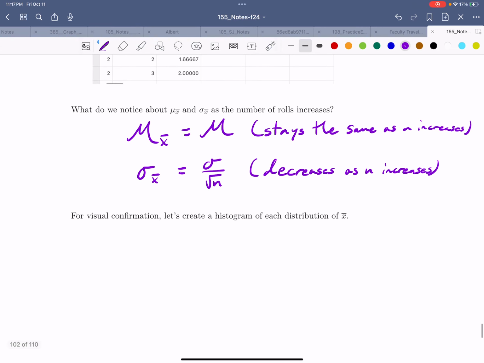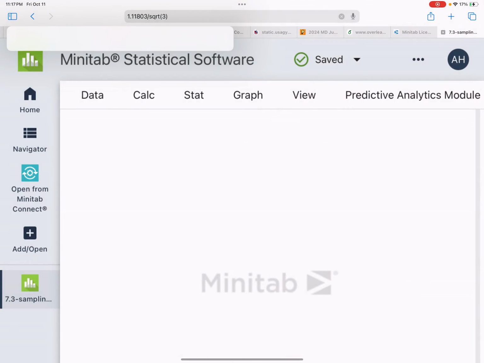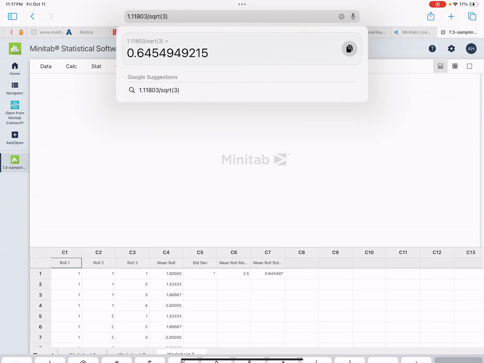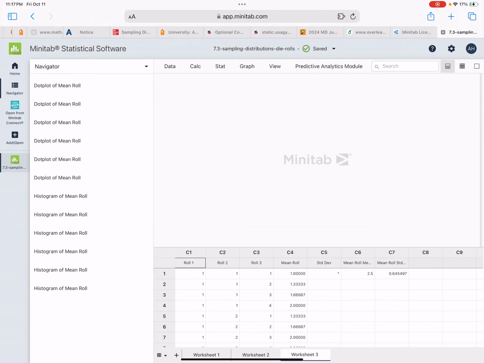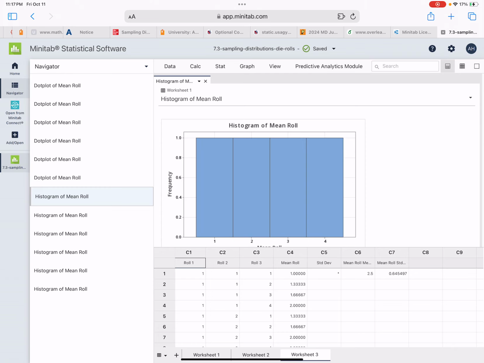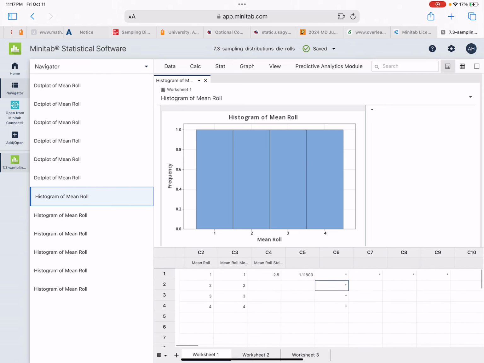All right. Now, for visual confirmation, let's create a histogram of each distribution. This will be super quick. All we're doing is creating a histogram. In fact, I think I have them already. Yeah, that was the first one. That's the first histogram of the original rolls.